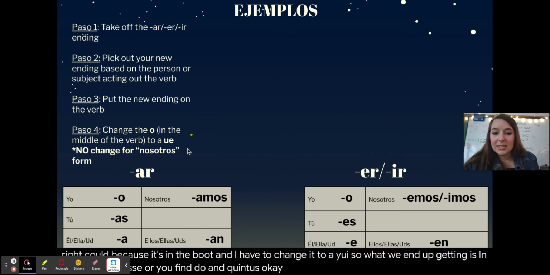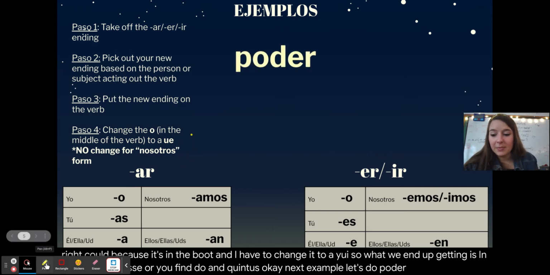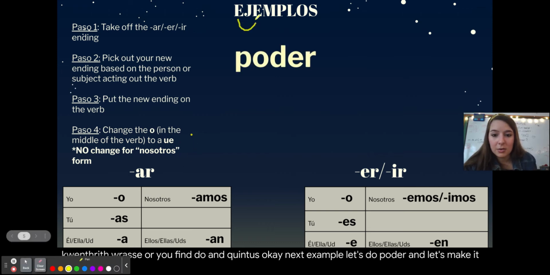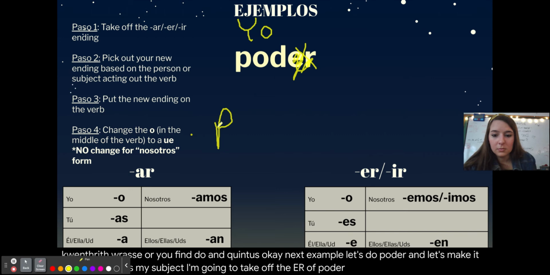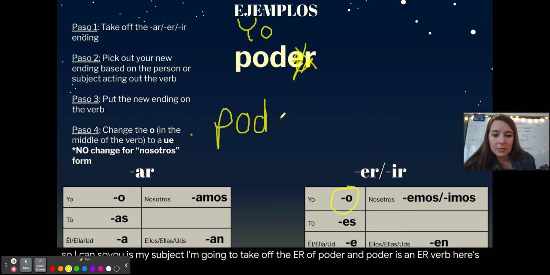Okay, next example, let's do poder, and let's make it so I can. So yo is my subject. I'm going to take off the ER of poder, and poder is an ER verb. Here's my yo ending. I get poto. Is that right?